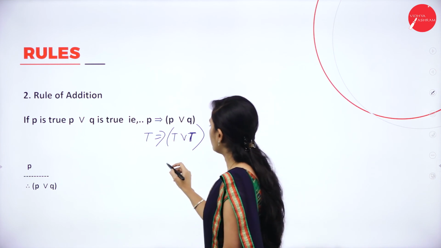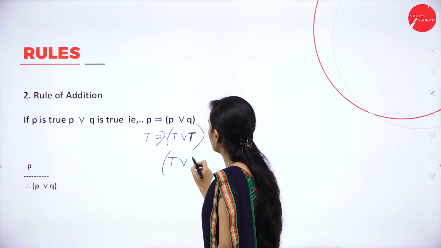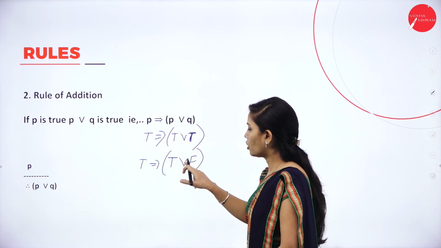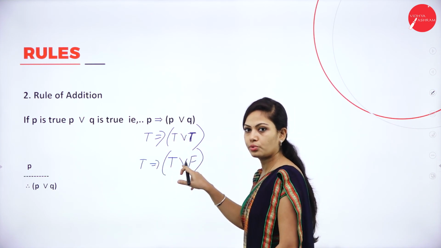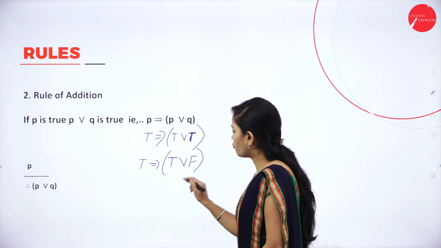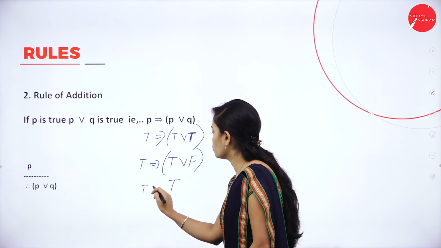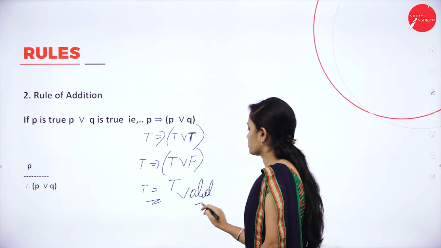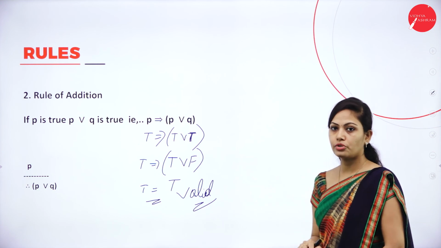Or else you can give another statement also, true or false. If P is true, then P or Q is also true, because true or false is true. So, true is equal to true. It is a valid statement. This is called the rule of addition.